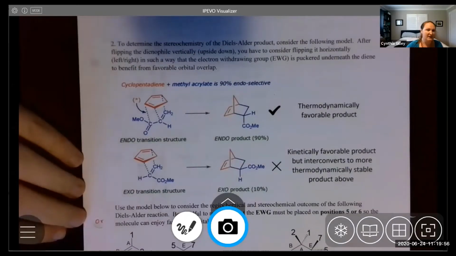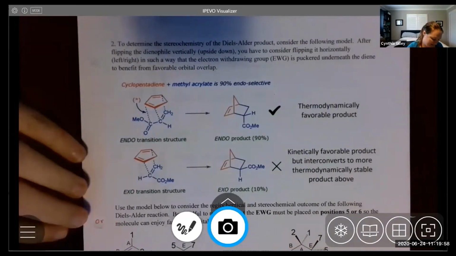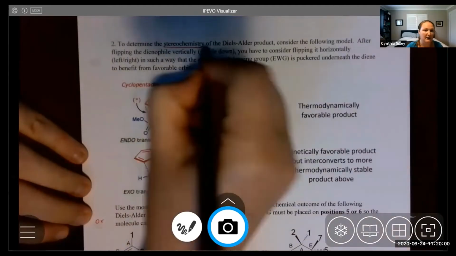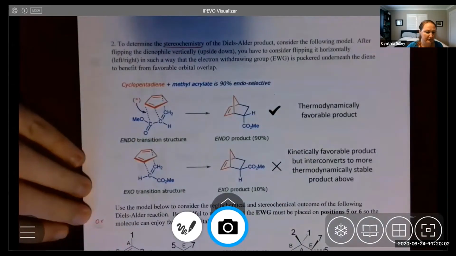So now we're going to start looking at the stereochemistry of the Diels-Alder reaction. I'm going to show you lots of pictures. What he has here is very minimal, but we'll go through it in detail so you don't have to memorize it. We can visualize it a lot better.